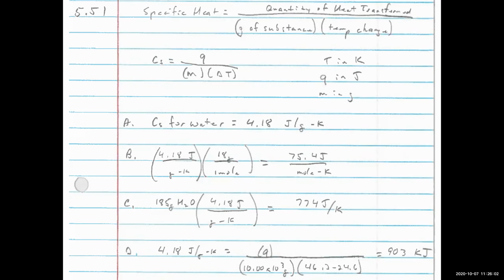If we write it out and look at our units, we see we have joules in the numerator, grams and Kelvin in the denominator. So to cancel that grams out, we need to have grams in the numerator and moles in the denominator when we do our dimensional analysis. 18 is the molecular weight of water. So 16 plus 2 is 18. So then it's just a simple math problem from there. And we get 75.4 joules per mole Kelvin.